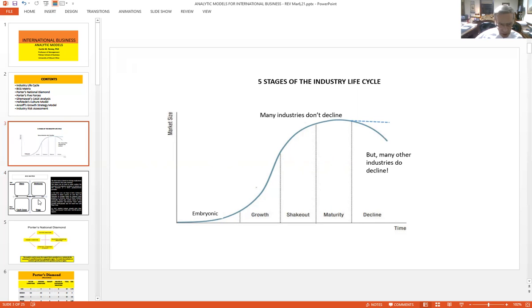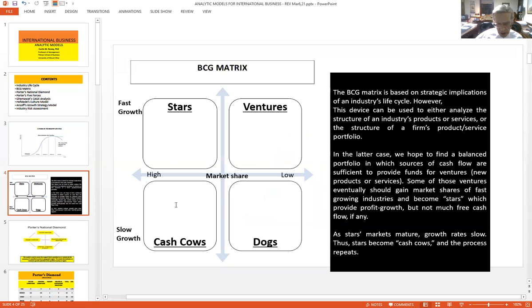So their profit becomes cash, free cash flow. So we'd like to have a business or more than one business with surplus cash flow. We would rather not have any businesses that don't have very good market shares and where they're not growing very much. Those are called dogs.